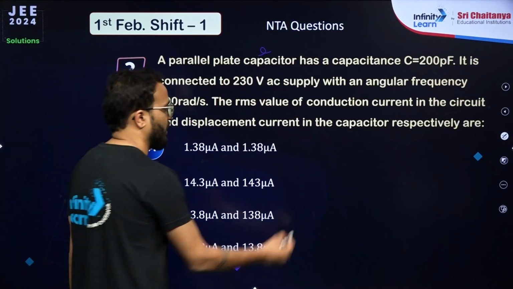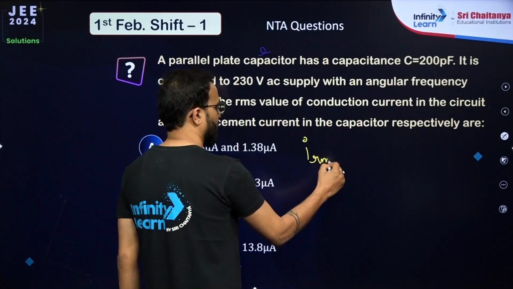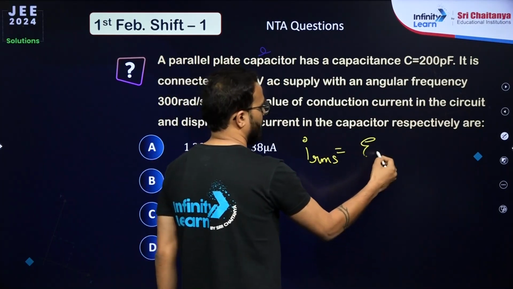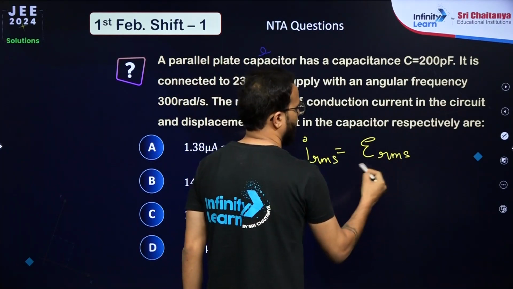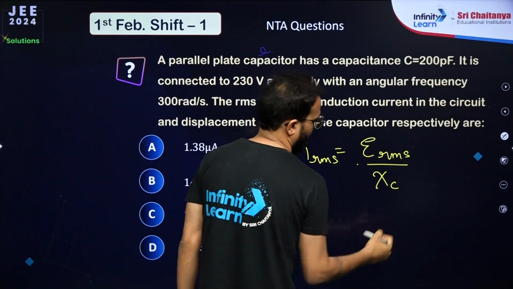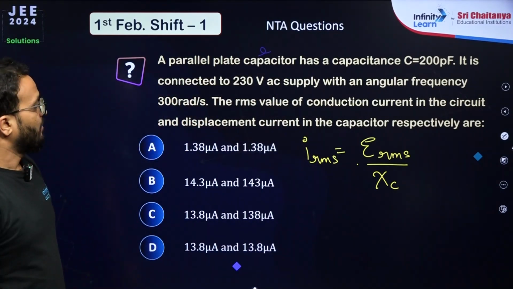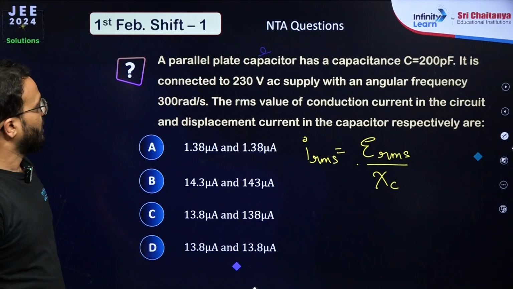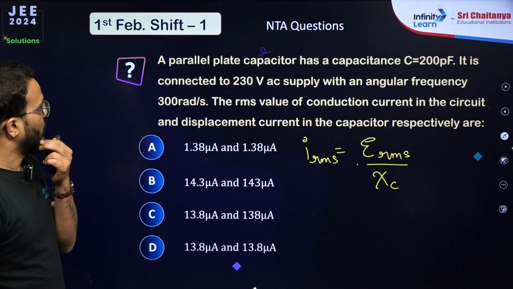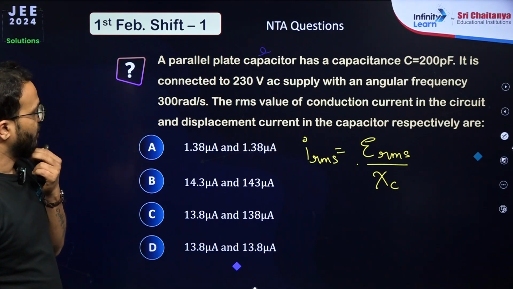Now, what is the value of IRMS? IRMS is ERMS upon XC. Okay, because there is only a pure capacitor, right? A parallel plate capacitor is connected to this supply. Okay, omega is given.